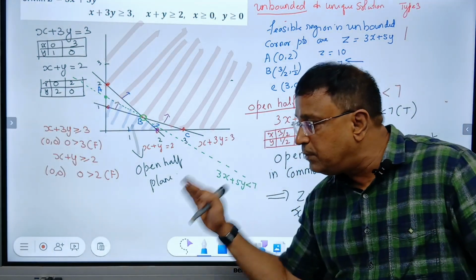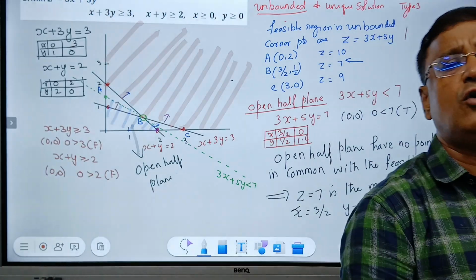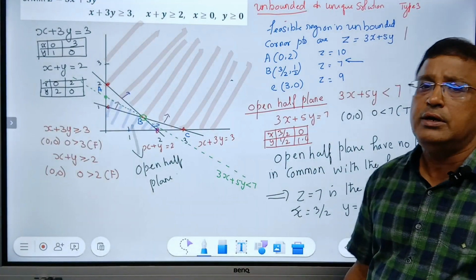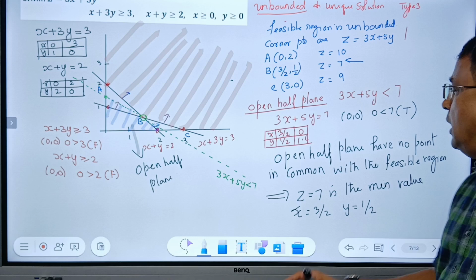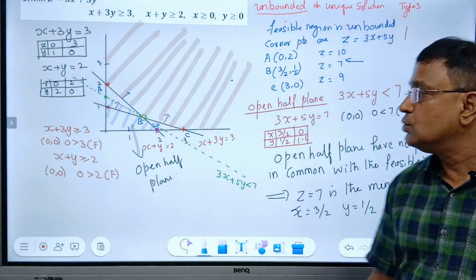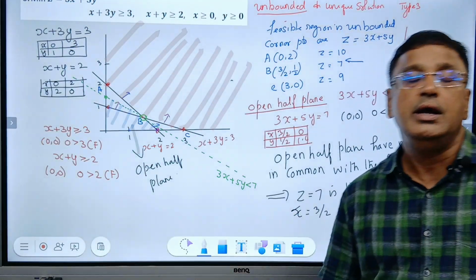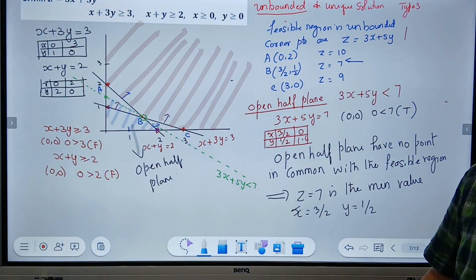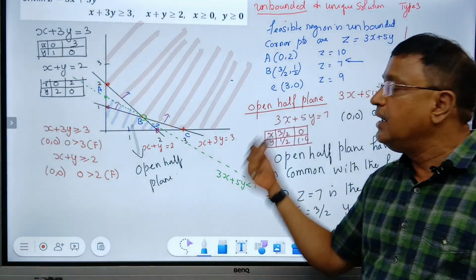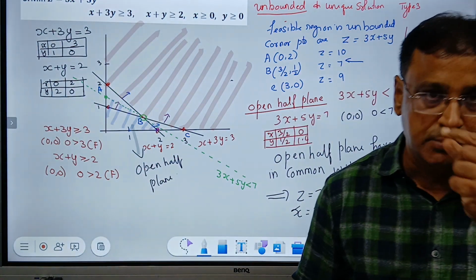Suppose the open half plane and the unbounded region have even one point in common, you can say 7 is not the minimum value and this problem cannot be minimized. Is that clear? So this is a very, very important statement. If the feasible region is unbounded, it is mandatory that you draw the open half plane and check whether it has points in common with the feasible region.